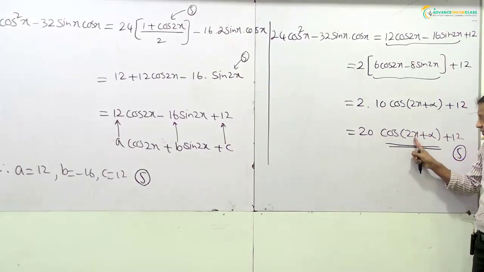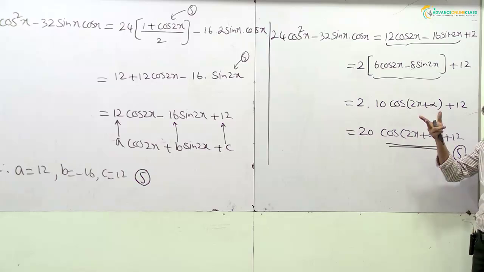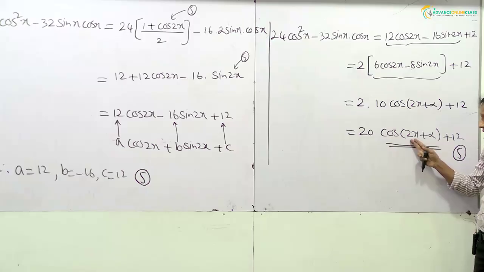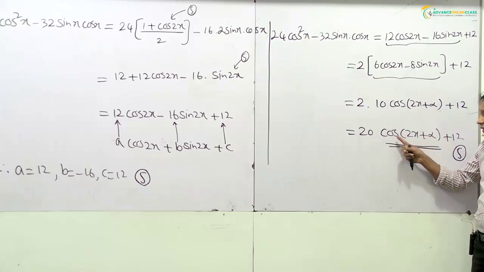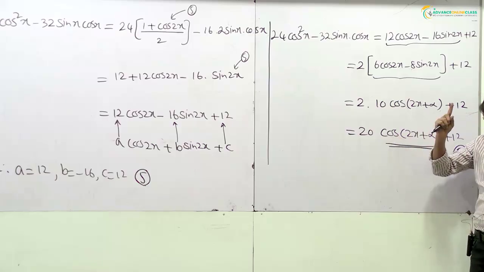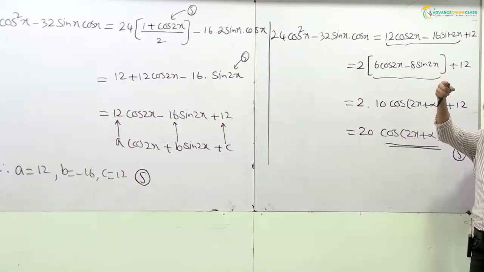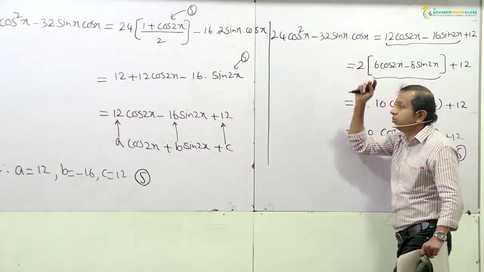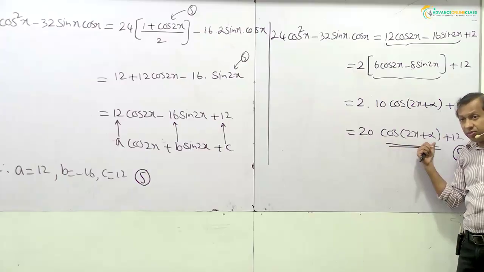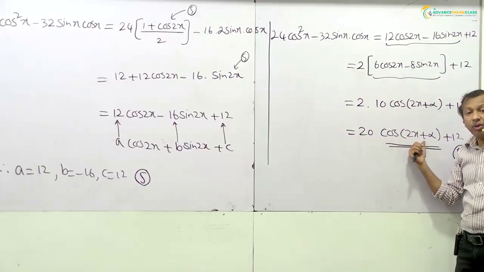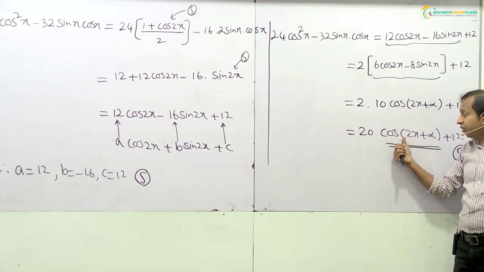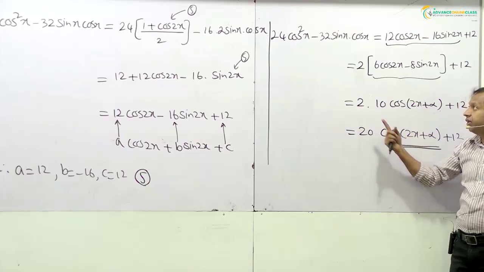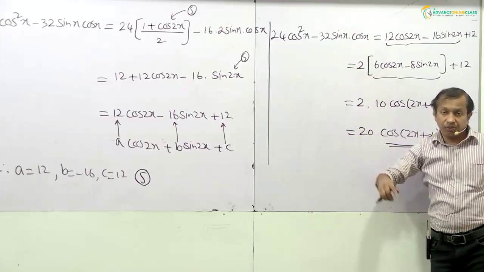Understand? This angle can take any value because x is a variable. We need this to be minimum, so definitely this cos must be minimum. What is the minimum value of this? Minus 1. When you put minus 1 for this, we get the minimum value on the right hand side.